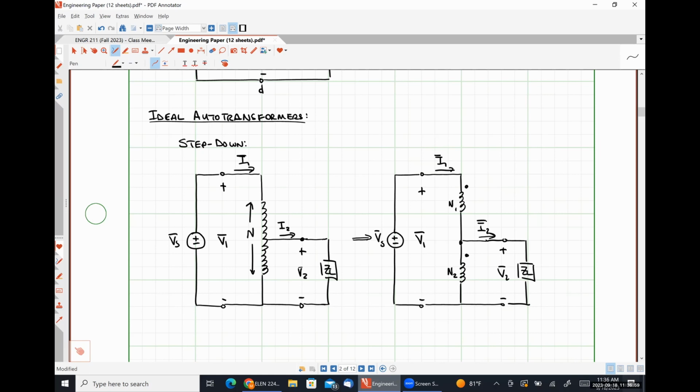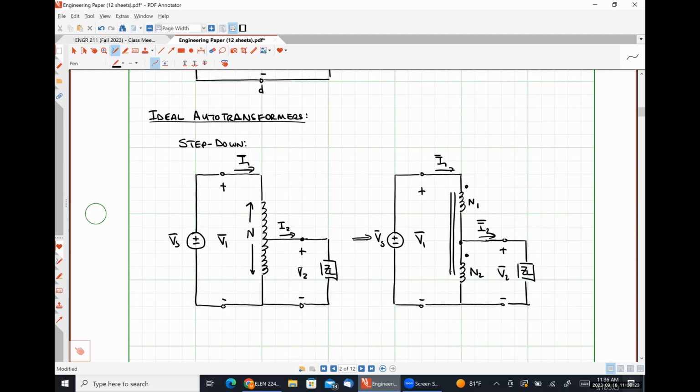So before we analyze this thing, let me do one other thing really quickly. I'm going to move N1 and N2 to the opposite side so that I can put the lines telling us that we're dealing with an ideal transformer. Effectively, these coils are still wound around the same core.